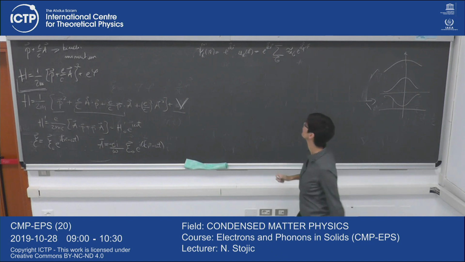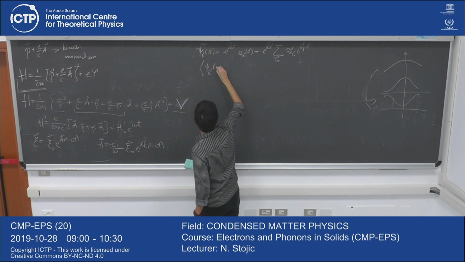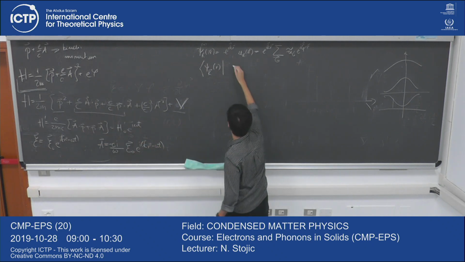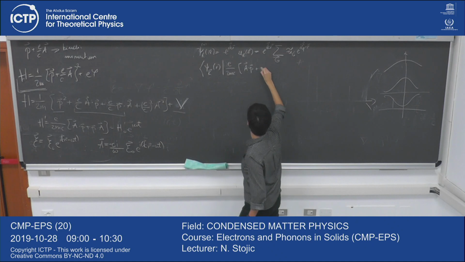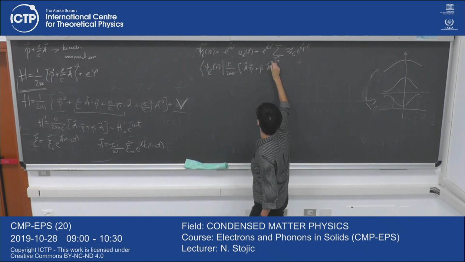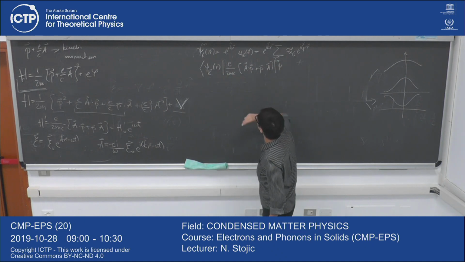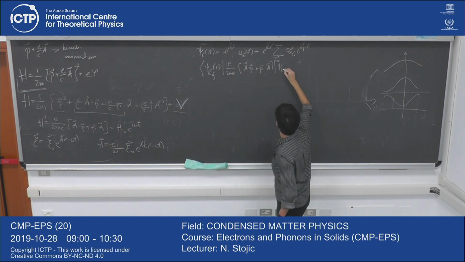I'm trying to find the matrix element with this H prime, between final and initial states.